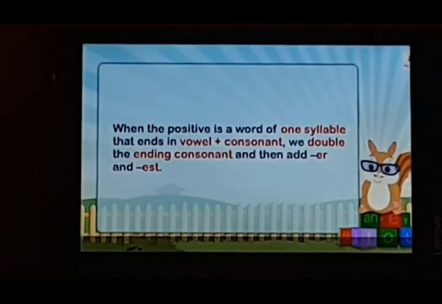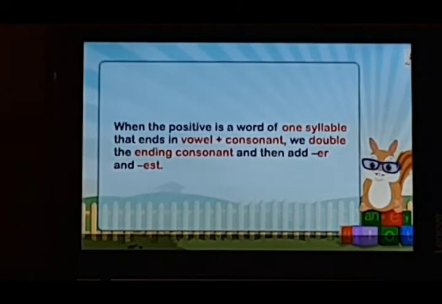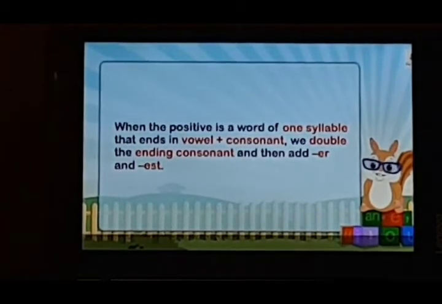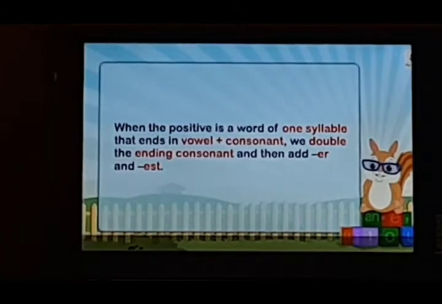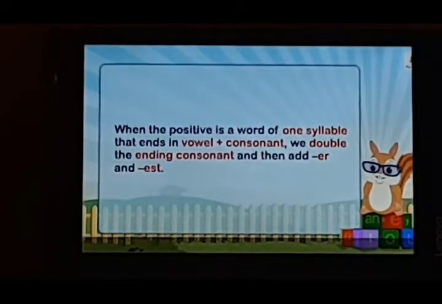Now when the positive is a word of one syllable that ends in vowel plus consonant, we double the ending consonant and then add ER and EST. So what does it mean?